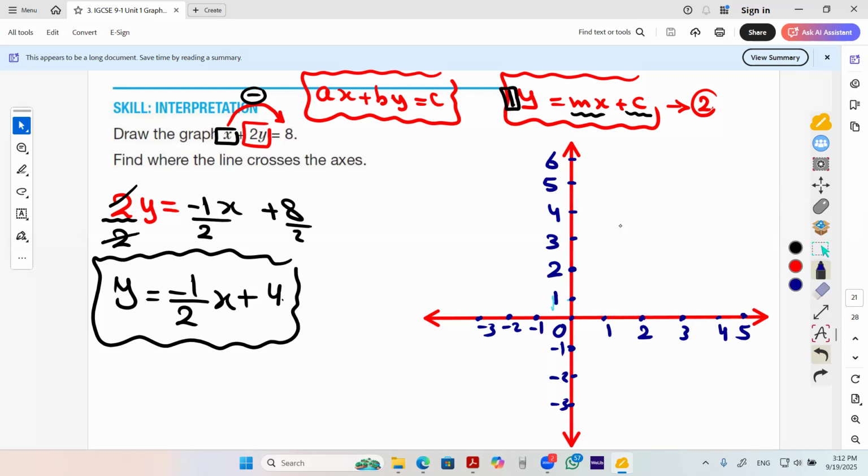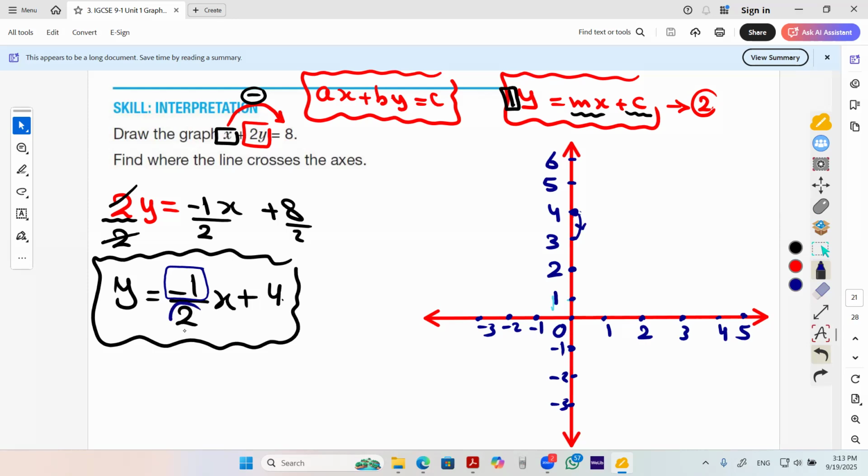Very good. Then you count down one step. The rise is 1, and here the gradient is one half, so it's just 1 unit down. One unit down, and move to the right.